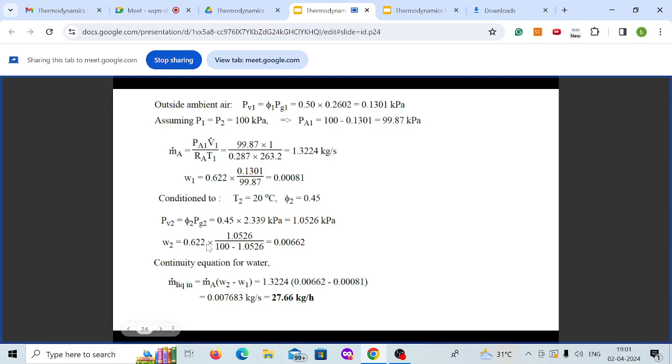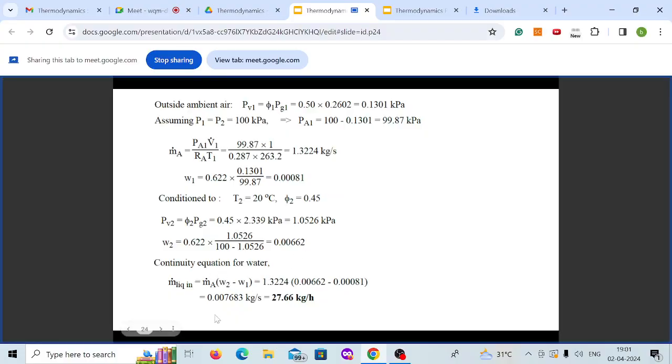Omega 2 is 0.622 times P_V by P_A, where P_A can be written as 100 minus P_V. That gives a specific humidity of 0.00662 kg of water vapor per kg of dry air. If you see, the specific humidity at state 2 is higher than at state 1, so you need to add some water to the air.